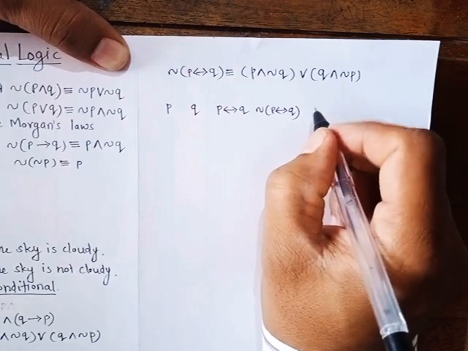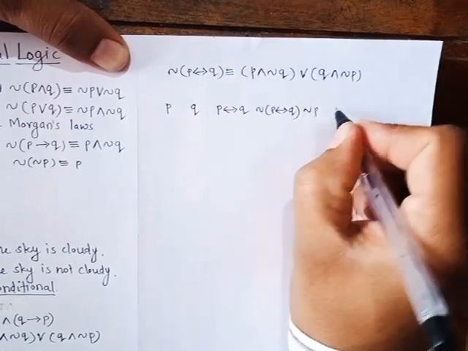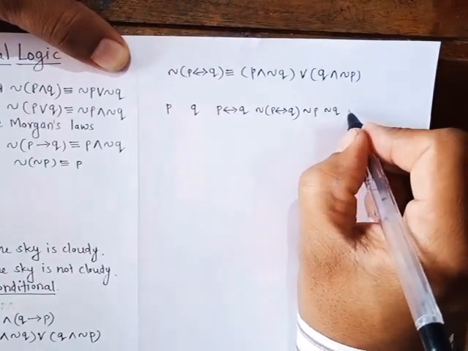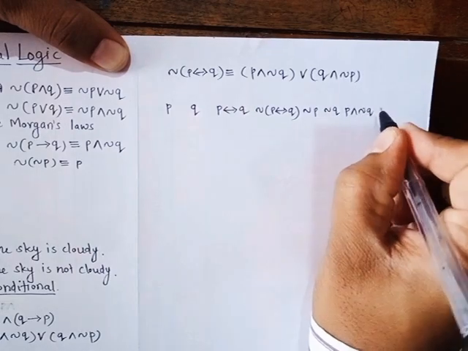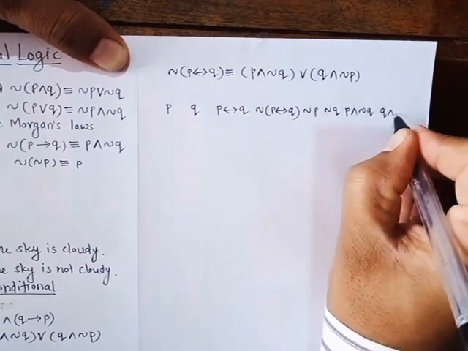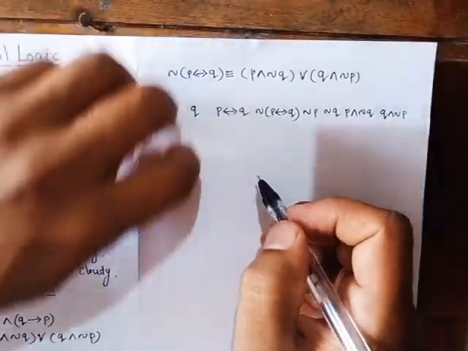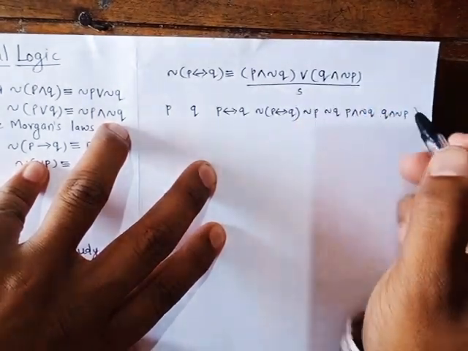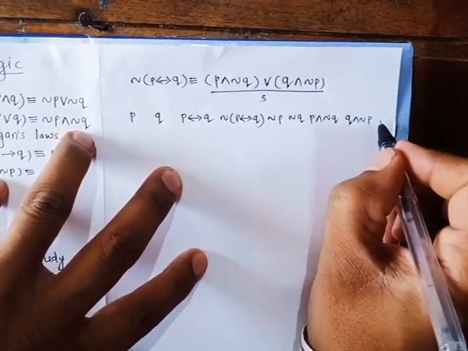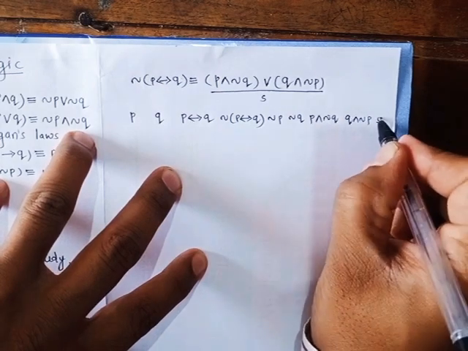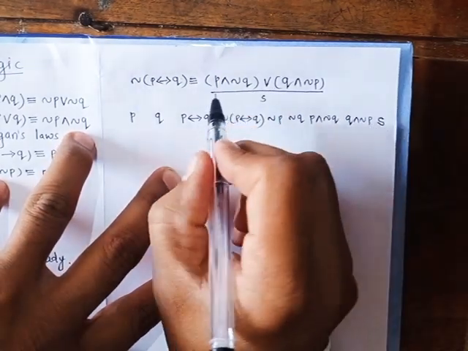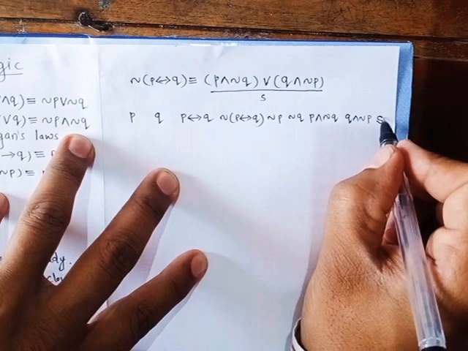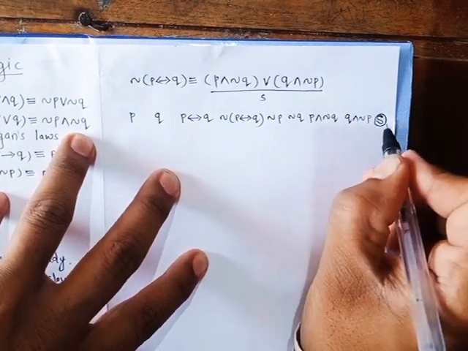So we have to make columns for negation P, negation Q, and then P and negation Q, Q and negation P. For this whole statement pattern, we have no space here, so I write only yes for the statement pattern.